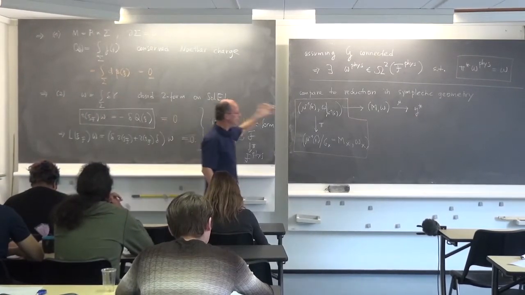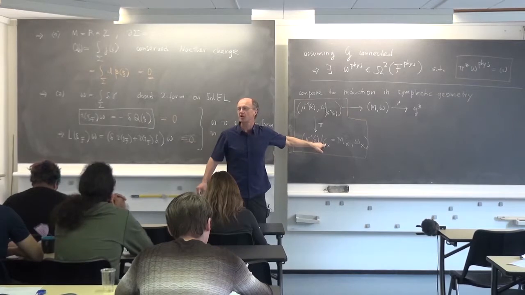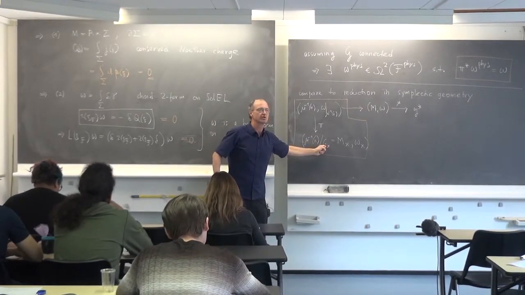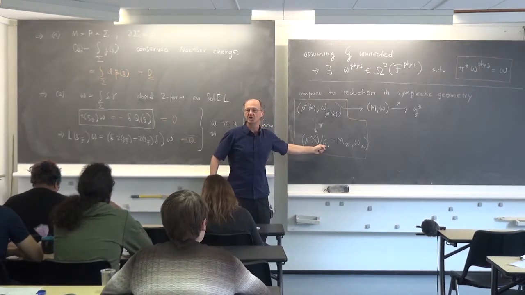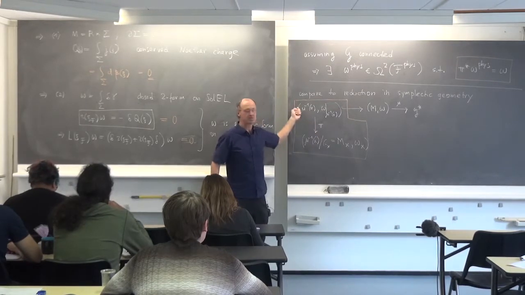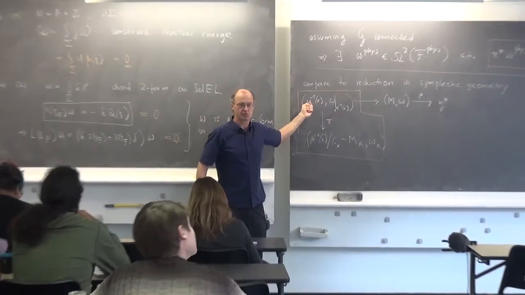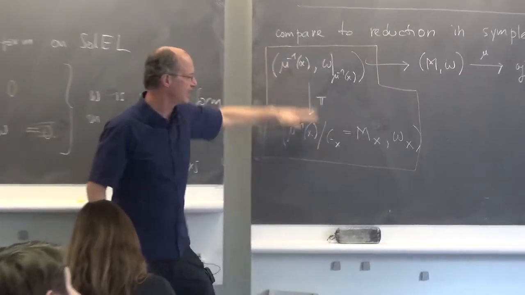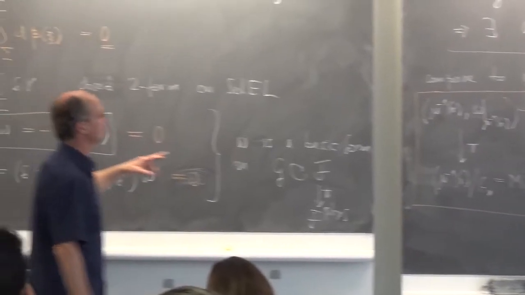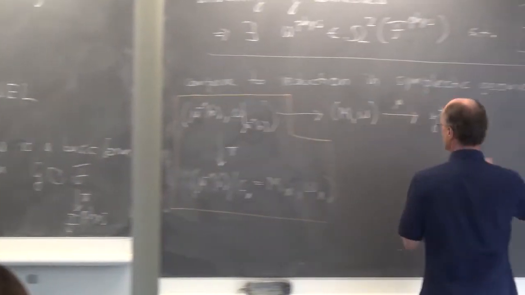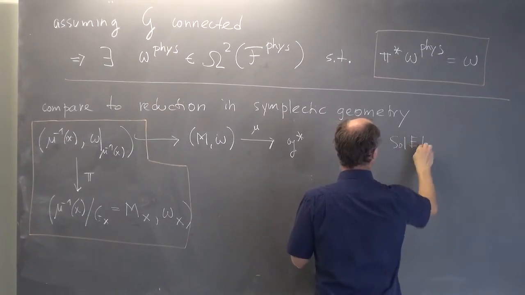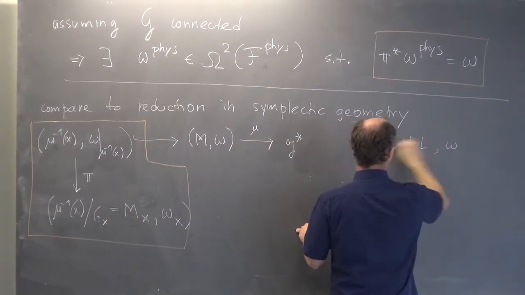So here, this kernel were the vector fields, by one of the propositions in the symplectic geometry course. We had the kernel equal to the action of the Lie algebra of the stabilizer inside the tangent space to mu x, and then it would descend to the reduced space. So the parallel picture here would be, we have Sol EL together with the form omega.